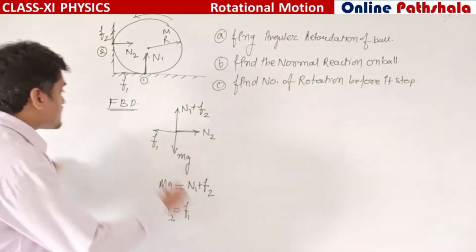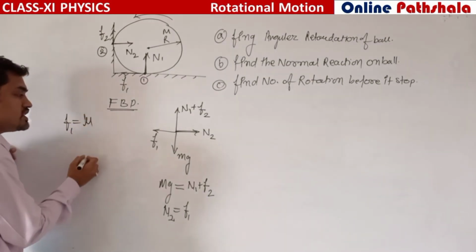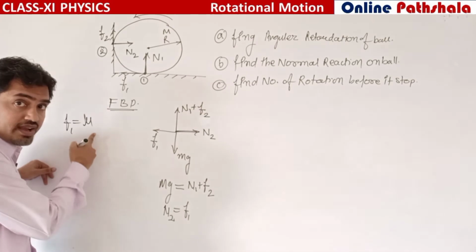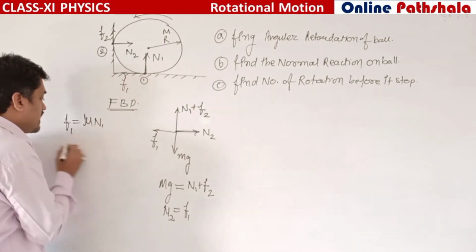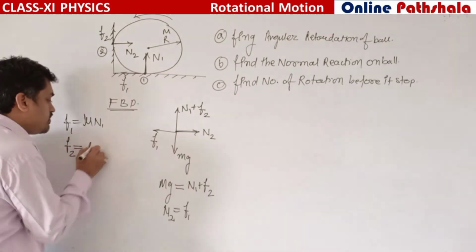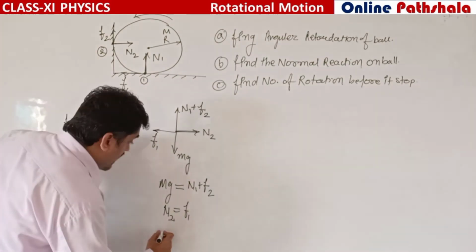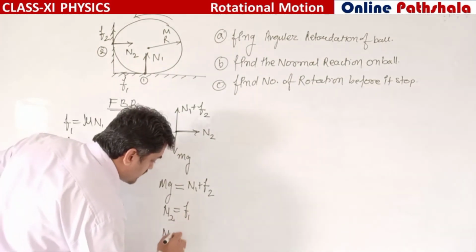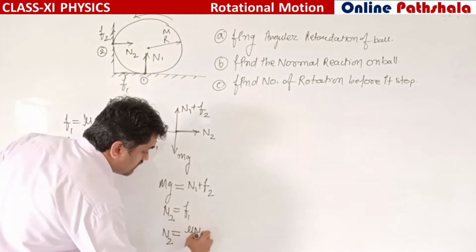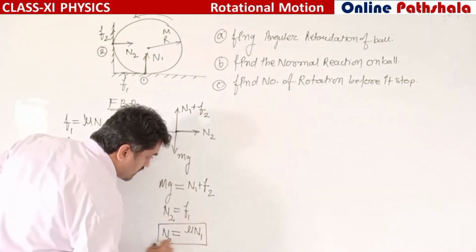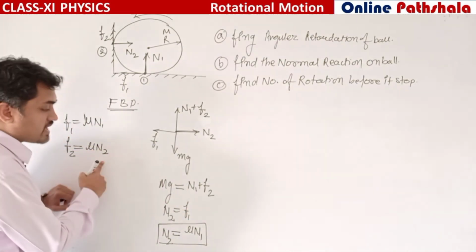Now F1 can be written as mu, the kinetic friction coefficient, times N1, and F2 can be written as mu times N2. Now we put in the value of F1, so N2 is equal to mu times N1. And F2 is mu times N2.